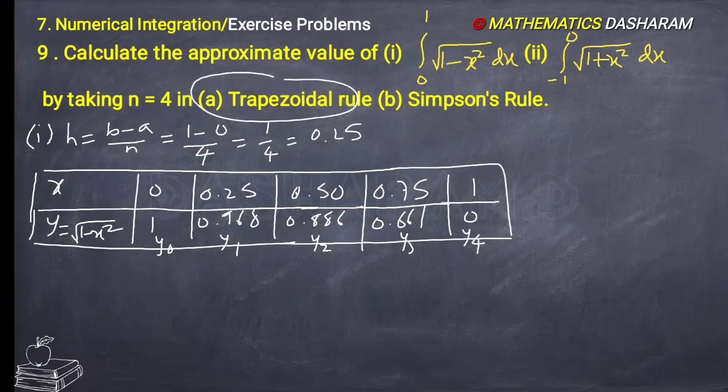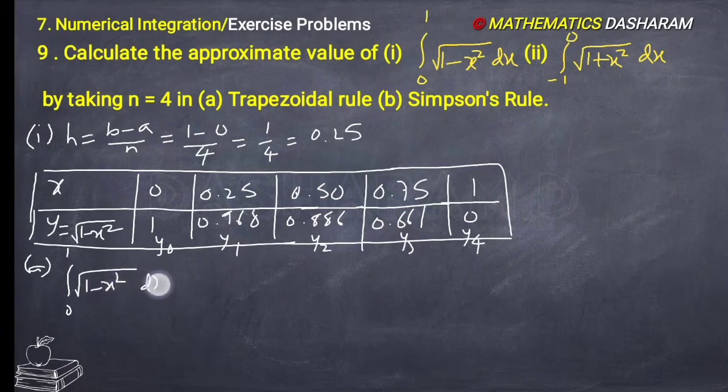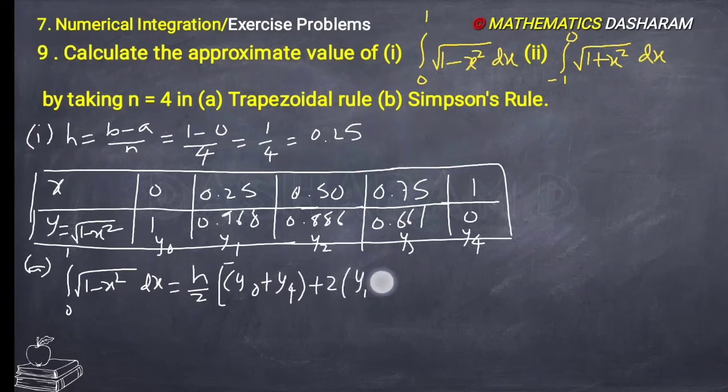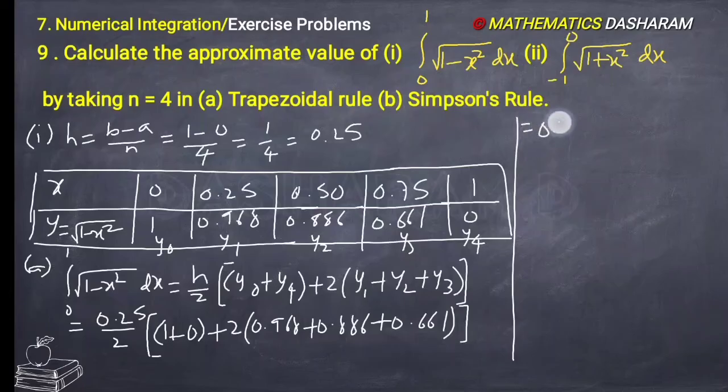Now first one, trapezoidal rule. So integration 0 to 1 under root 1 minus x square dx equals to, the formula is h by 2 bracket of sum of the first and last ordinates. So y0 plus y4, 2 bracket of sum of the remaining ordinates y1 plus y2 plus y3. In this substitute the values. It is equals to 0.25 divided by 2 bracket of 1 plus 0 is 1, 2 into addition of these three decimal numbers is 2.515.